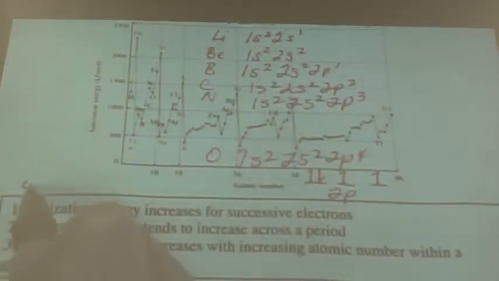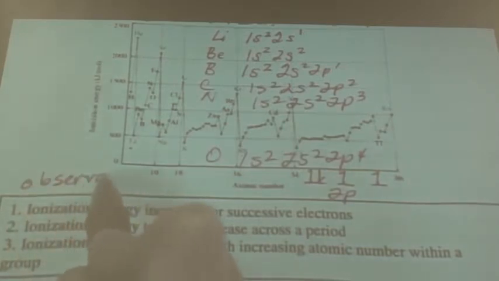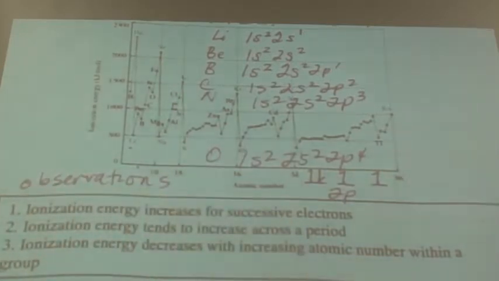Now, some observations we've made about ionization energy are this. Ionization energy increases for successive electrons. That means the first ionization energy is less than the second, less than the third. Generally, ionization energies tend to increase across a period, except for those weirdnesses that we saw.